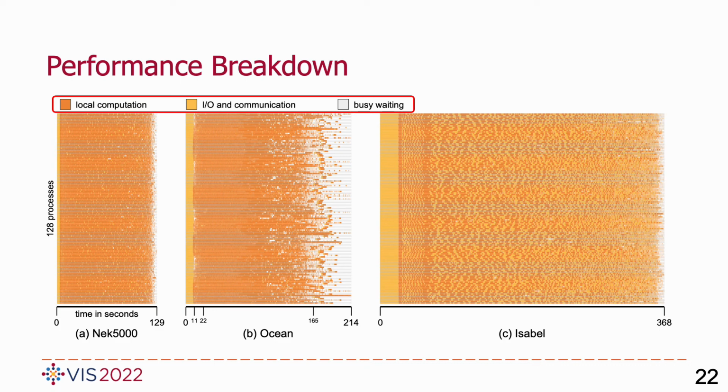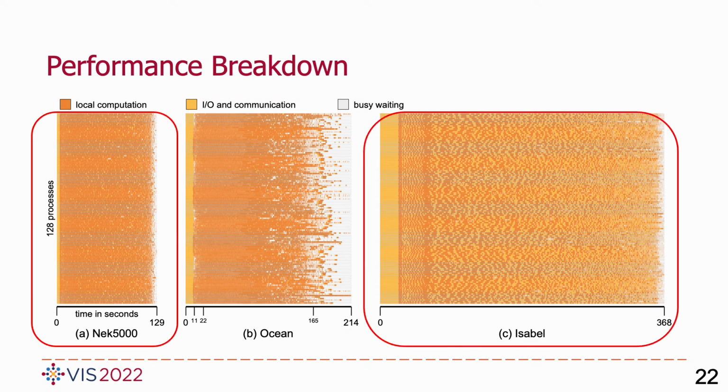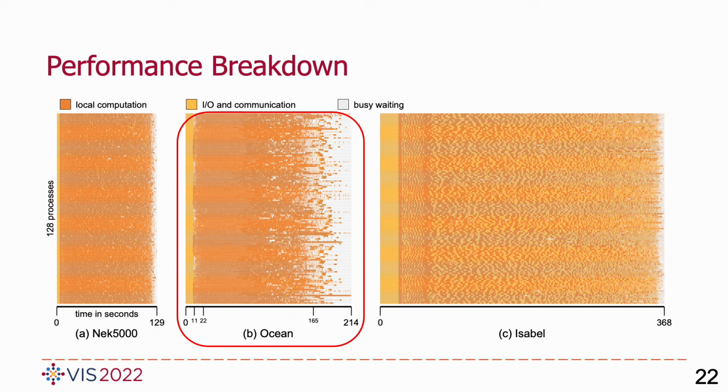We profile the process's activities, including local computation, I/O and communication, and busy waiting. For NAC 5000 and Isabel, each process has a similar aggregated active time, indicating our method balanced workloads among processes effectively. Next, we analyze why processes have a long busy waiting time for Ocean data.